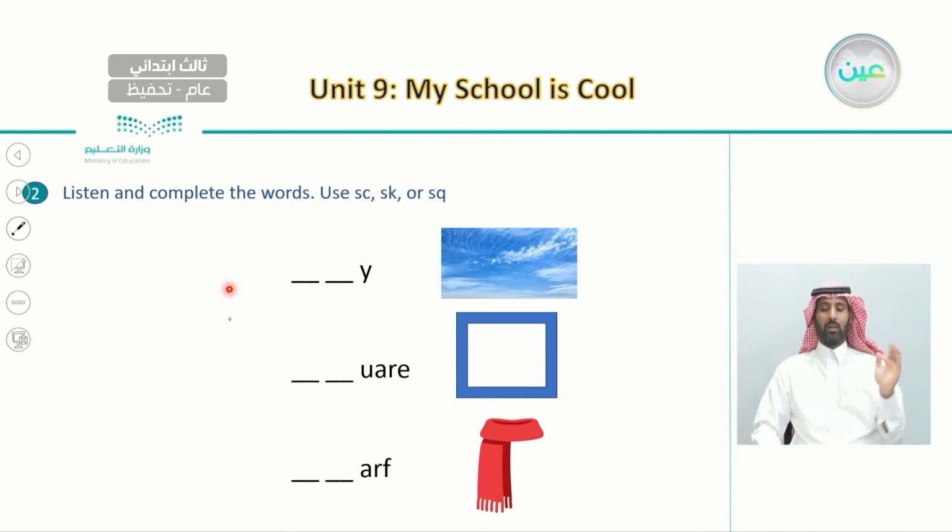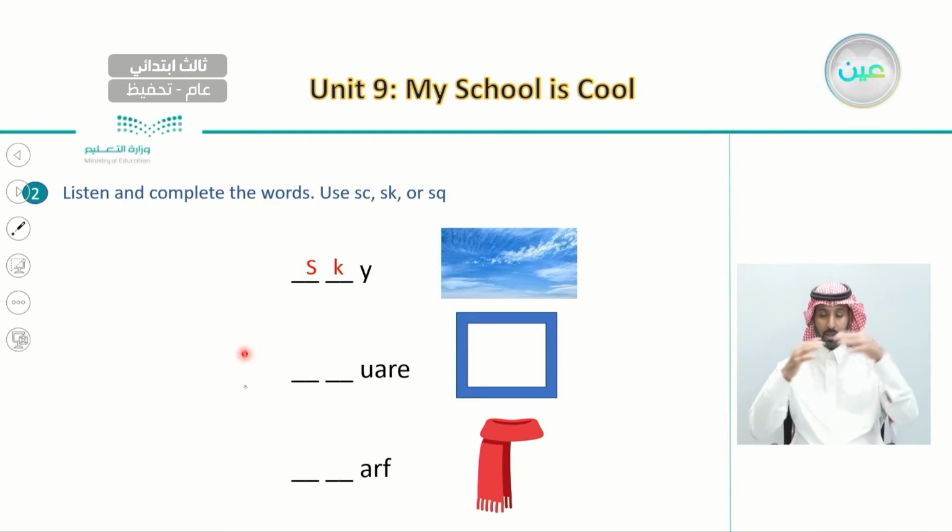Sky. Very well. So this is the first word, sky. What do we need to write here, SC or SK or SQ? What do you think? Of course, here we need to write S and K, sky. Now let's listen to the second one.